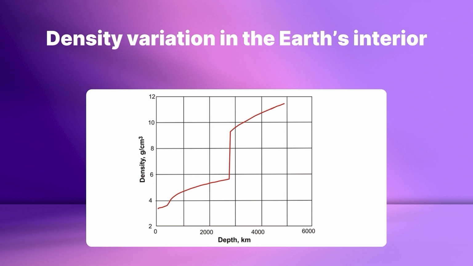After that there is the outer core and the inner core, which is highest in density, and this reaches a depth of around 4800 kilometers. If you see the graph, it shows a gradual rise, and there are certain layers which reflect an exponential rise in the density of the earth.